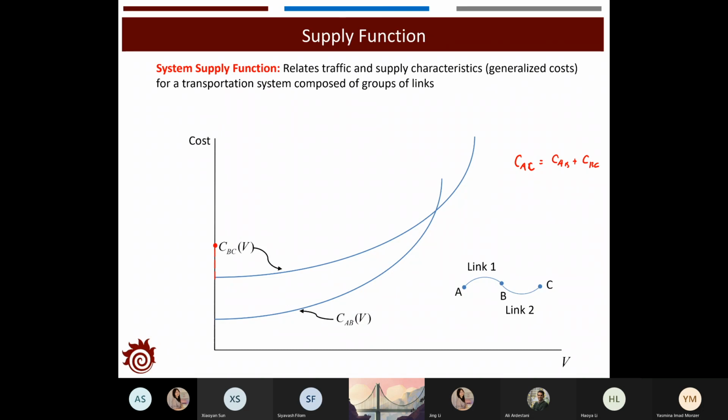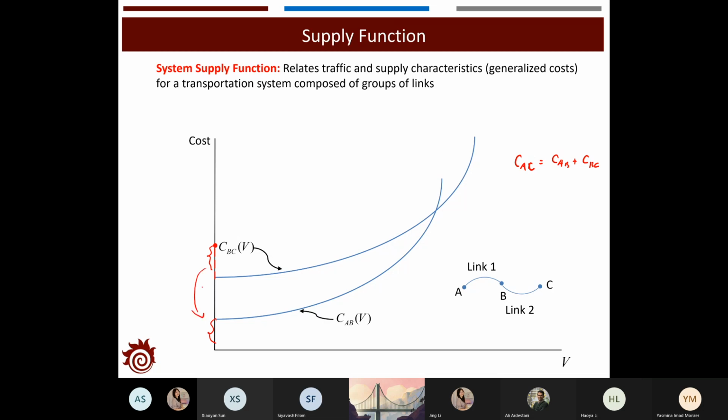Showing this figure, you will just add these two lines together. At the volume equal to 0, the basic cost moves up by adding this amount.